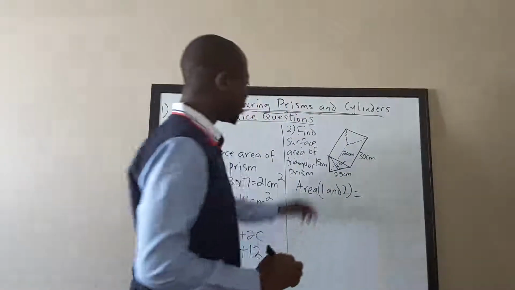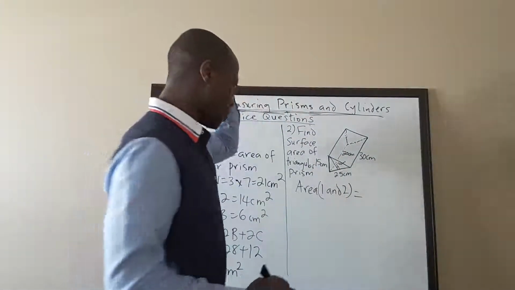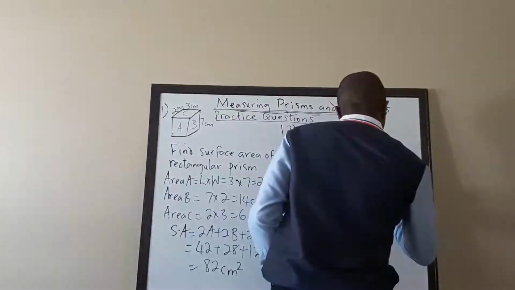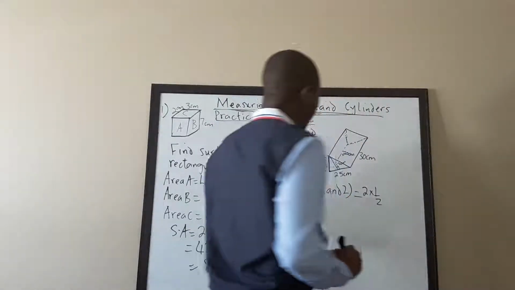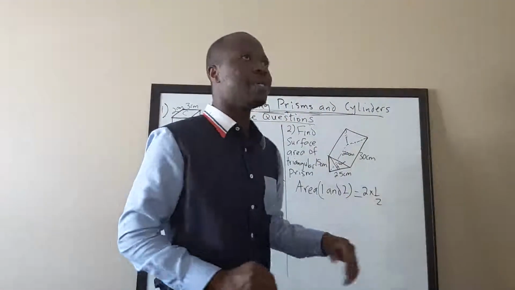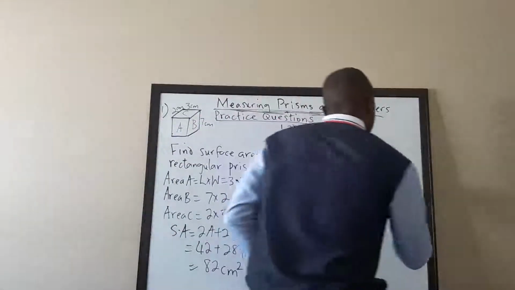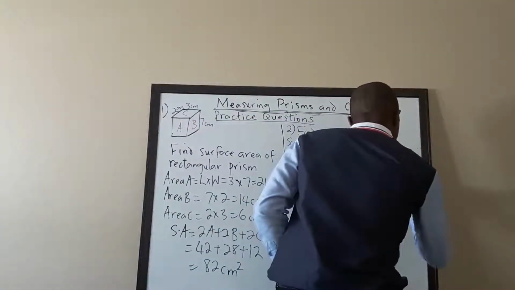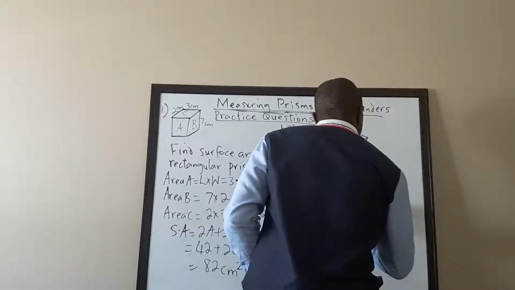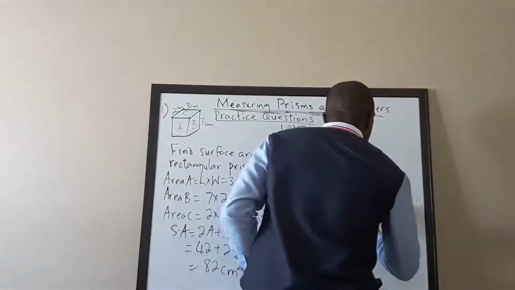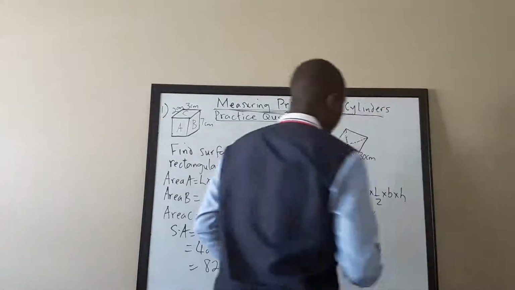I'm going to call the triangles 1 and 2. So I'm going to say 2 multiplied by, now the area of a triangle is half base times height. So this is 2 times 1 over 2, base times height.